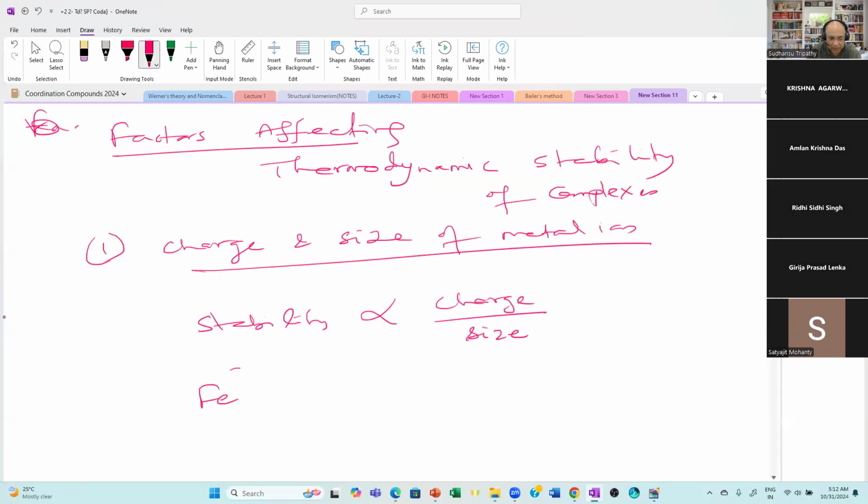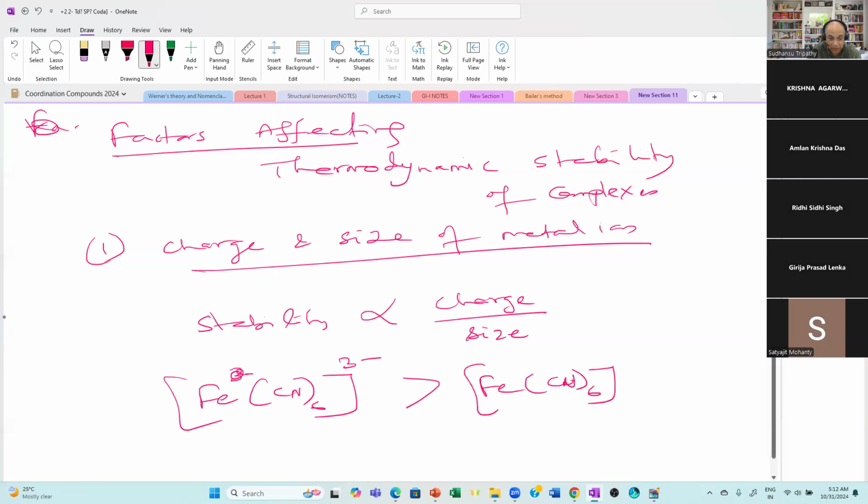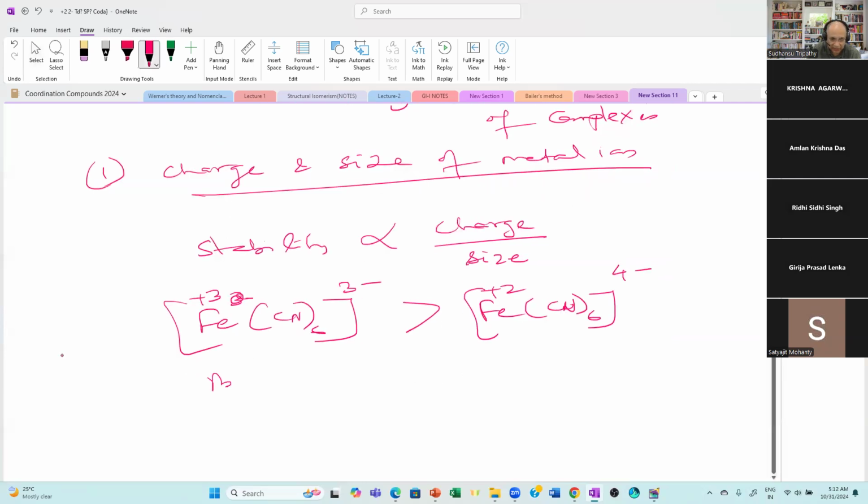So that I can give you an example. Ferricyanide complex is more stable than ferrocyanide complex, as far as the stability goes, the formation constant goes. This is plus 2, this is plus 3. So also the magnesium complex is less stable than beryllium complex. That example also I gave you.